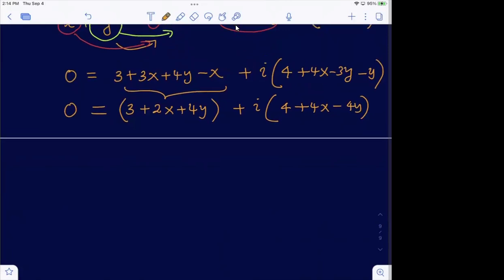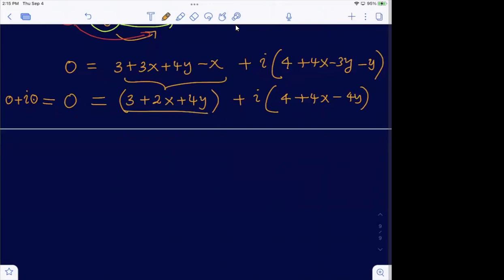All you need to do is to solve these two equations. Now, which equations? Don't forget the uniqueness of complex numbers. We talked about the uniqueness right at the beginning. We know two complex numbers are the same if they have the same real parts and the same imaginary parts.